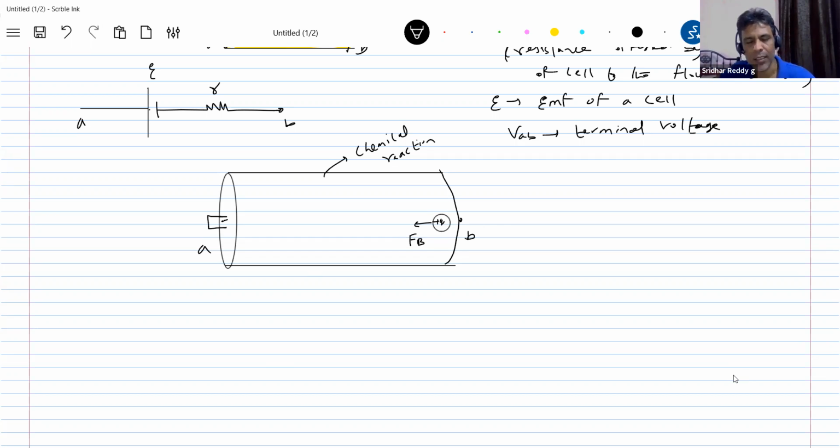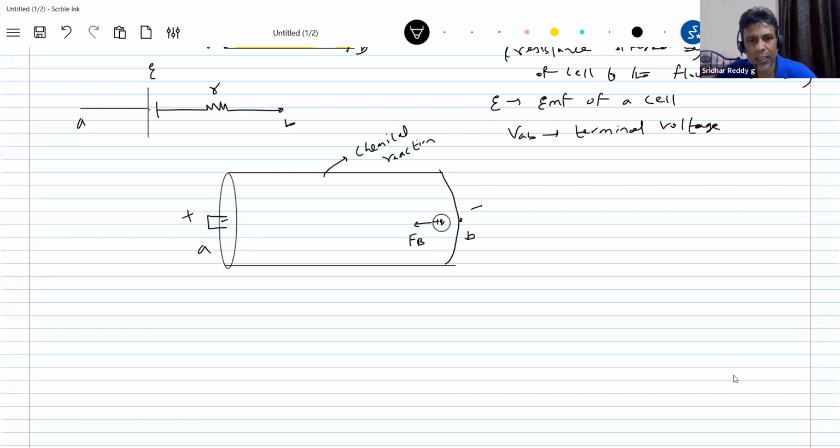We'll write it as FB. This force is available due to the chemical reaction. Because of that energy, the material of the cell exerts a force, so the charge moves from the negative terminal to the positive terminal. This will be the negative terminal of the cell, and this the positive terminal, indicated by the plus and minus signs. There's work done by the battery force.